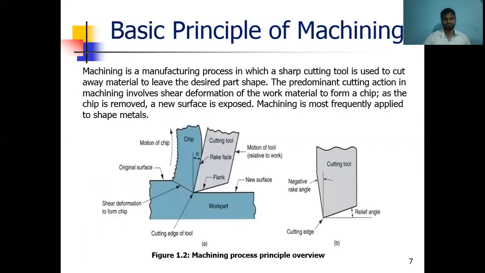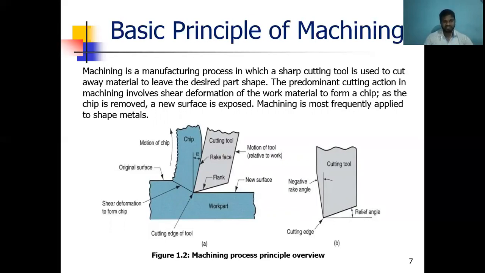right? Furthermore, we need to know the basic principle of machining. Just listen carefully. What is the principle of machining? First, we have to understand it.